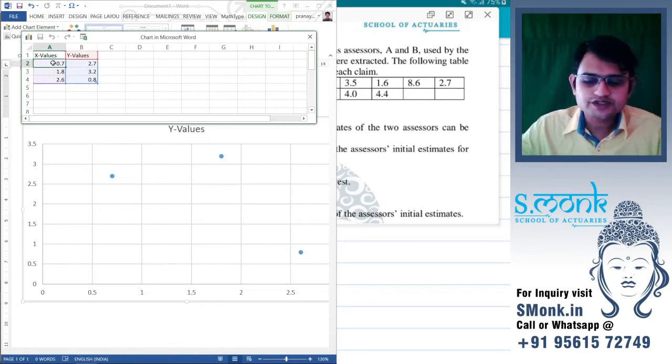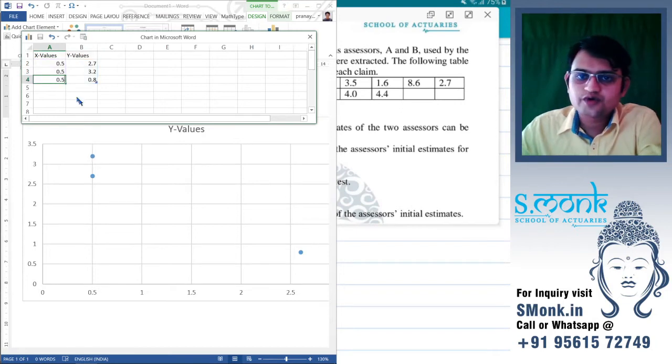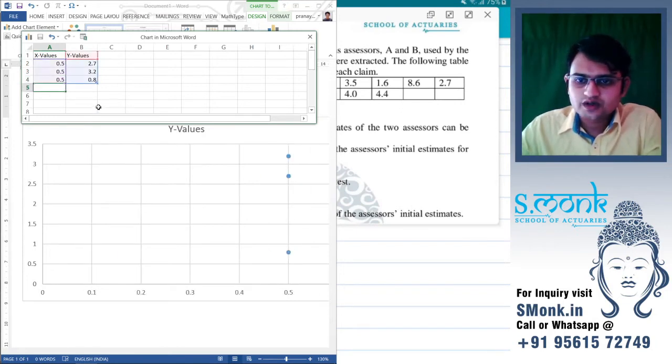So I'll put the x value the same, let's say 0.5, because I want the values to be here. Okay, my mistake.